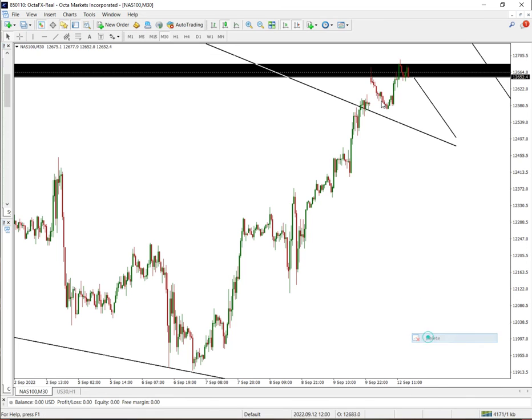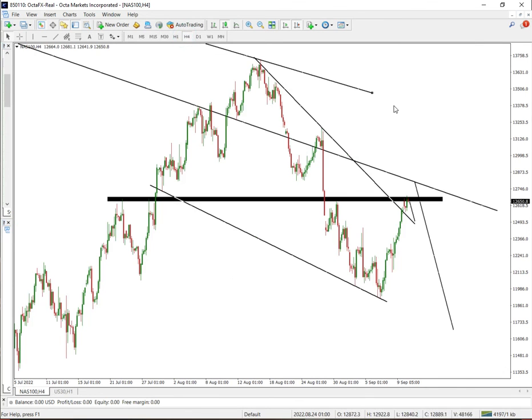The market went up, retraced back down, went back up. Now it's sitting at this level, almost at the point where the market opened. So yeah, this is certainly my analysis for now, and I'll see how far it goes.